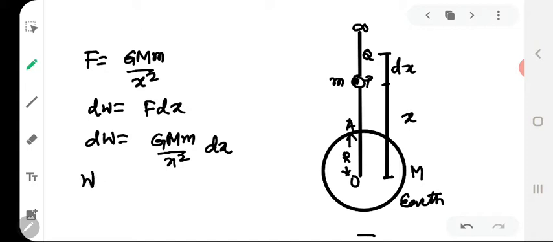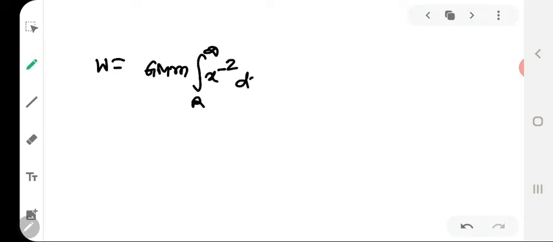So work done will be equal to the integration over the limits R to infinity of GMm by x square dx. So we need to solve this integral. So that will become W equals GMm integral R to infinity x to the power minus 2 dx.